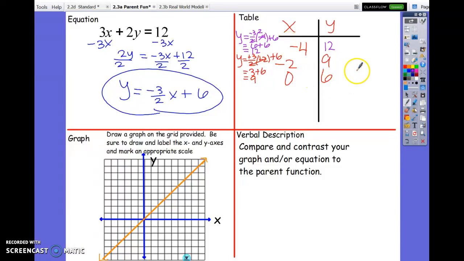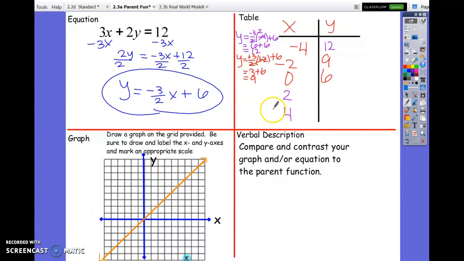Okay, so again, we're just picking x values, whatever x values we want, and plugging them in to find y. I'm picking x values that are even because they will simplify really nicely since we have this 2 in our denominator of the slope.